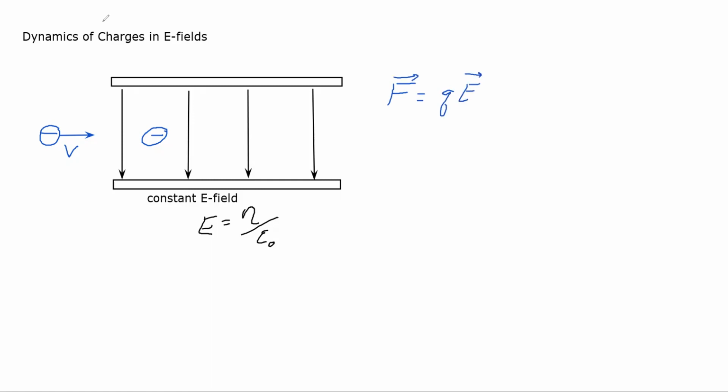According to this equation, F will go in the same direction as E only if Q is positive. If Q is a negative charge, like we have here, F will go in the opposite direction as E, because this Q will introduce a negative into our equation.